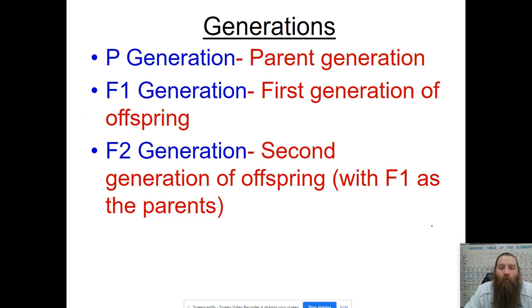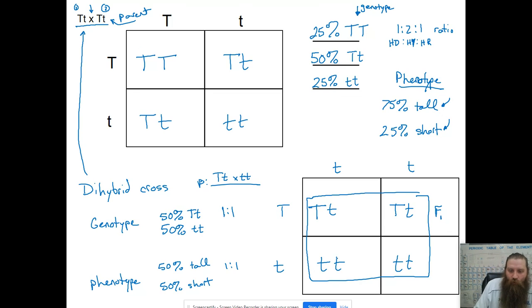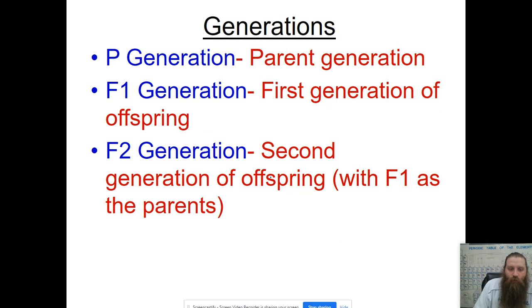Now, if I did another Punnett square and I used the F1 kids as the parents, we would call that outcome F2. So we'll say we used this one and this one, right? So now I'm crossing a homozygous recessive set of traits.